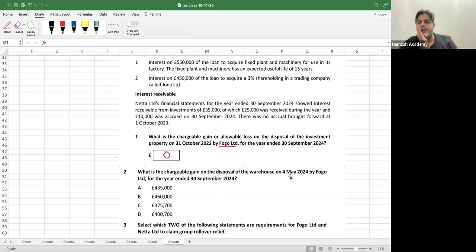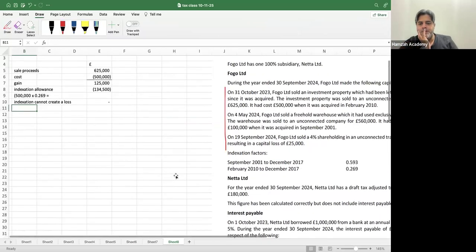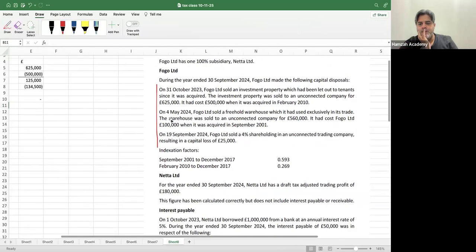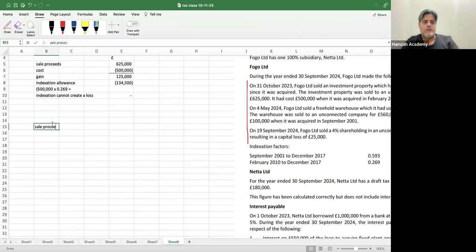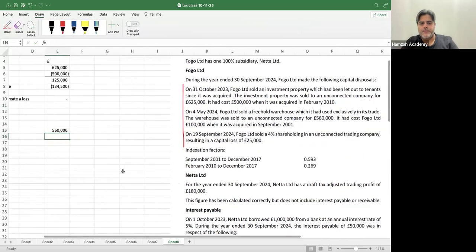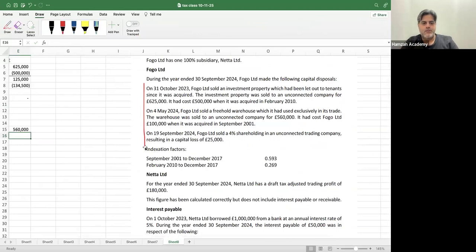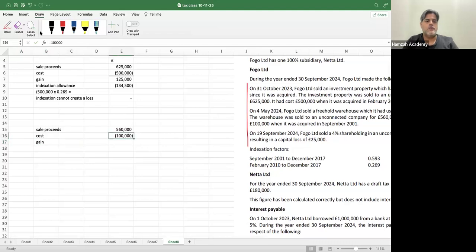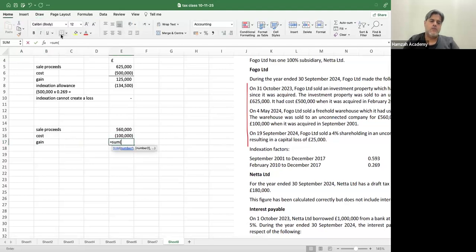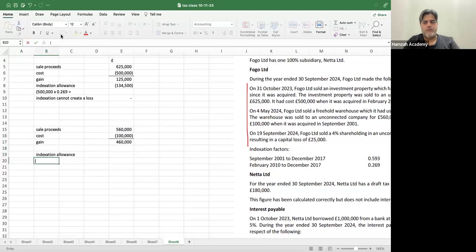So now we have the disposal of the warehouse. This warehouse is sold for 560,000. Cost is 100,000 over here. So the gain is 460,000. Indexation allowance I am going to have is on the cost.